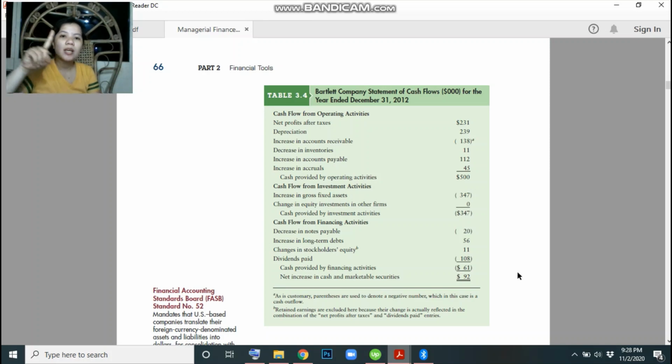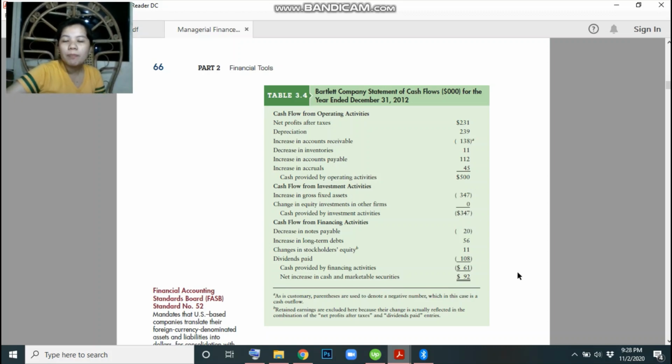Number one is cash flow from operating activities. Number two is cash flow from investment activities. And number three is cash flow from financing activities. I will not discuss the statement of cash flows in detail because that is a special chapter in the next chapters. This is just an overview of the statement of cash flows.